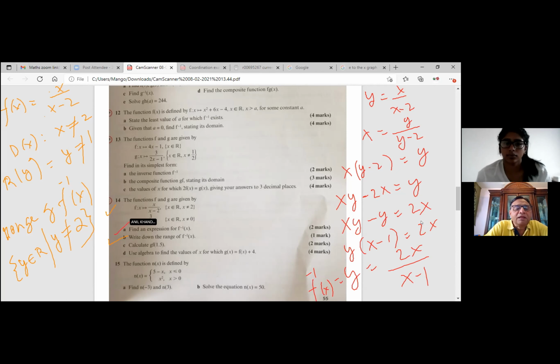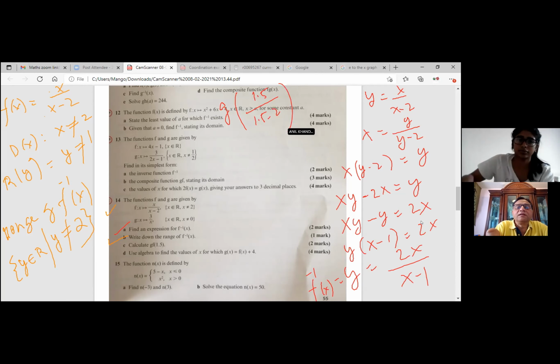Perfect. And now we can easily answer the other part. We got part A, and then g of f of 1.5. That was simple, right? So we just sub in 1.5 into f. That is 1.5 over 1.5 minus 2, correct? 1.5 is 3 by 2, I like to work with fractions actually, divided by 1.5 minus 2, which is minus half.